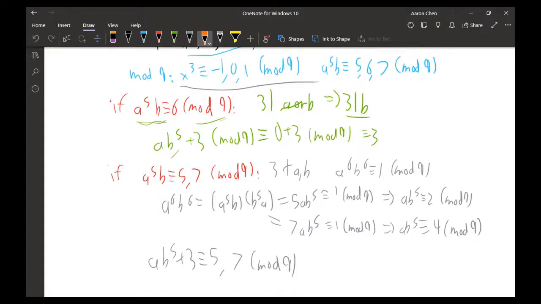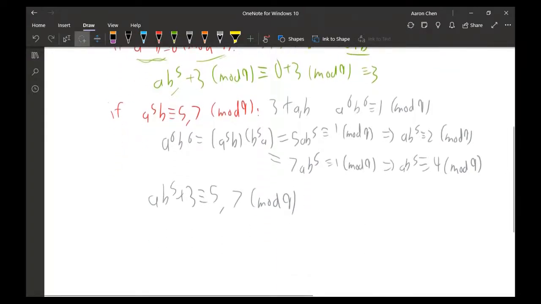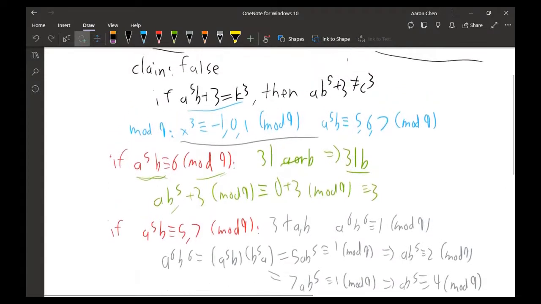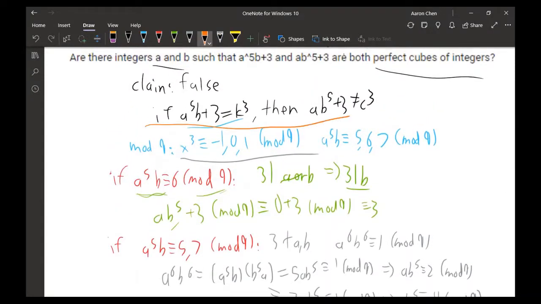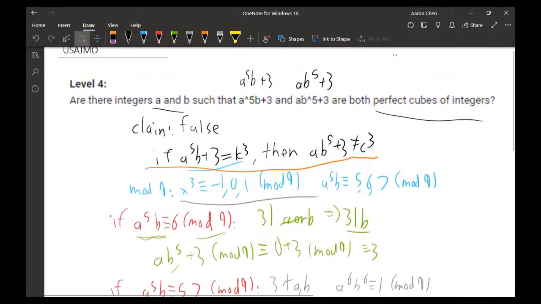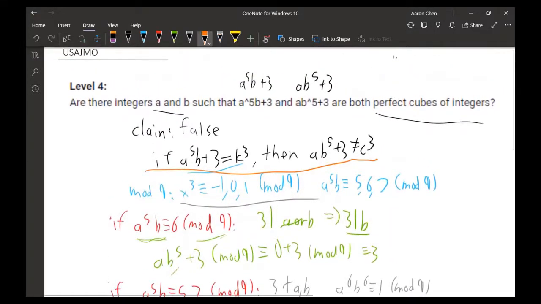And so this means that all cases lead to contradictions. So it's impossible, and so this statement is true. And so the answer to our original problem, which was asking for the existence of a and b, is no.